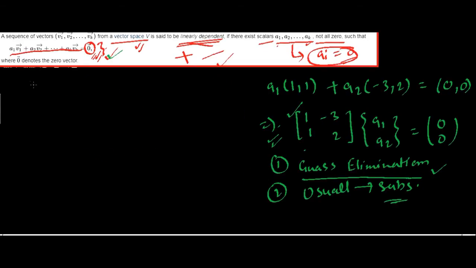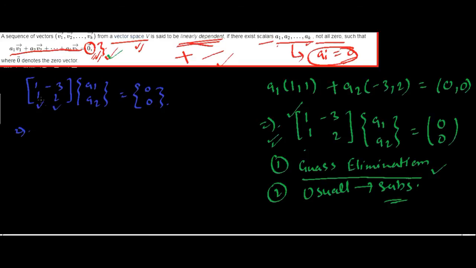So basically we have this matrix, 1 1 minus 3 and 2, and these are the variables, and we have this system of homogeneous equations. We will apply some row operations here, trying to make this 0 and this 1.